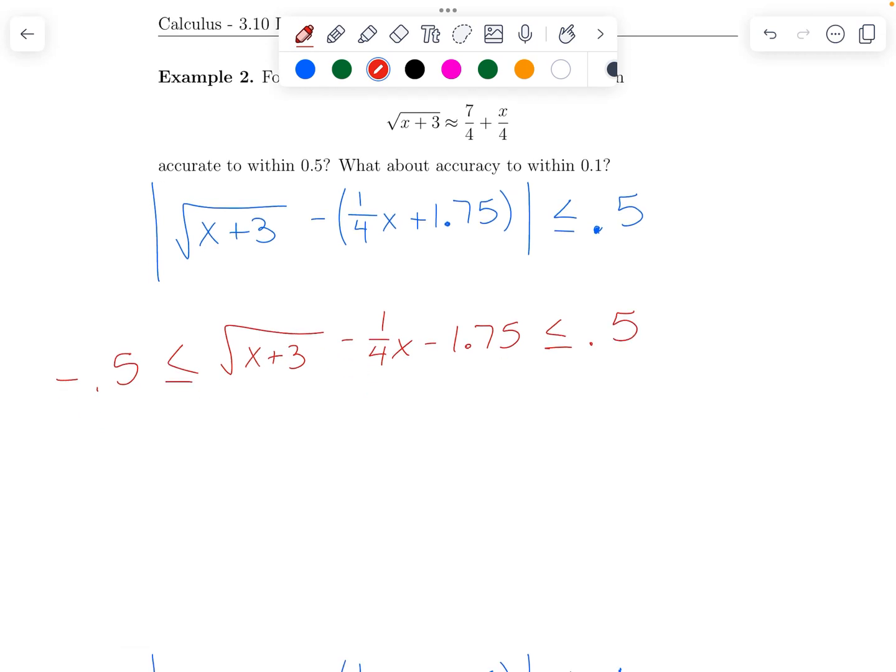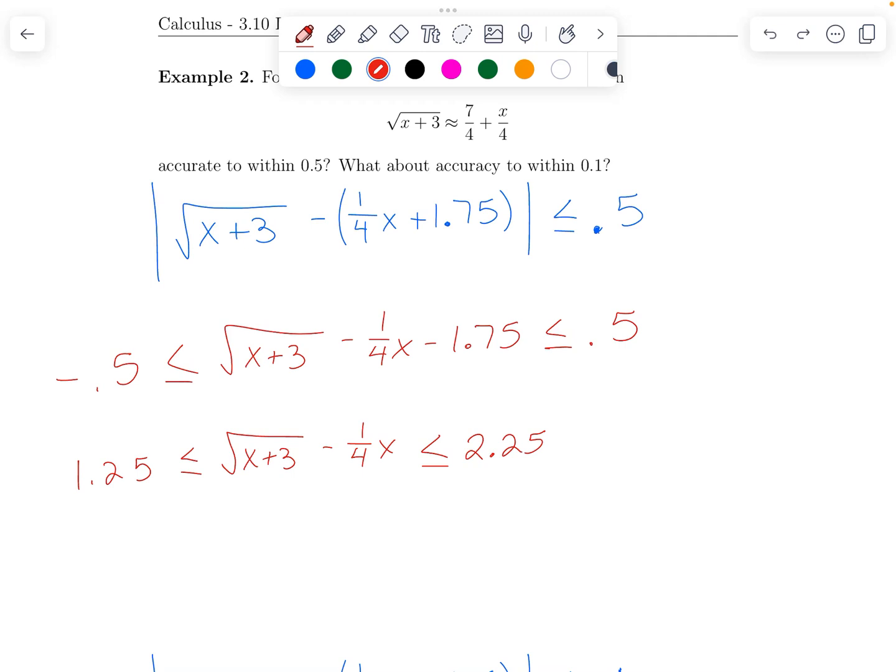And then if I add 1.75, I get 1.25 less than root x plus 3 minus 1/4 x less than 2.25. So I got to figure out when is this function going to be within 1.25 to 2.25.